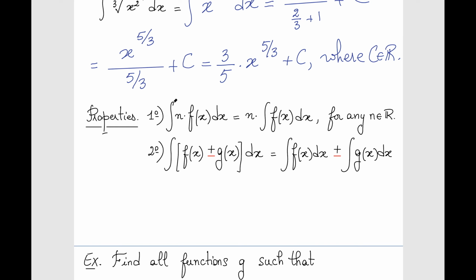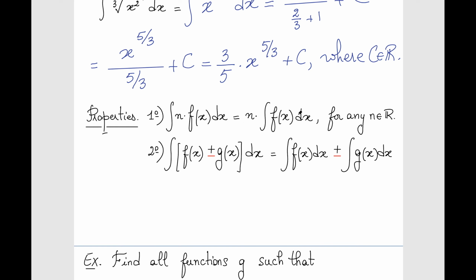So long story short, we have the following two properties. The primitive of a multiplicative constant n times a function: if this is your integrand, that's the same as pushing that n outside. So you get n times the primitive of f of x.